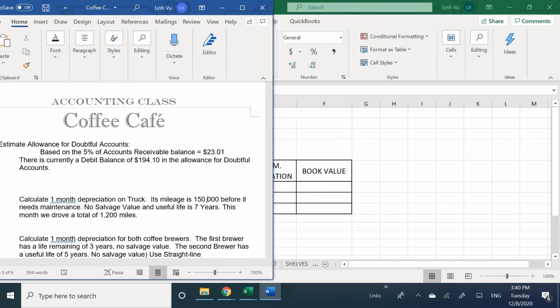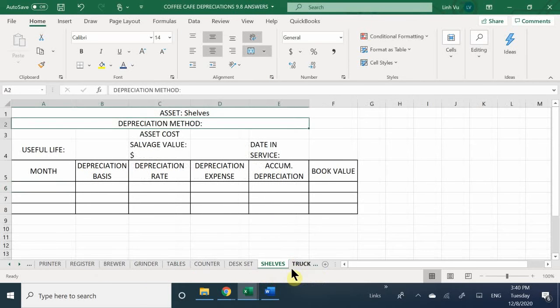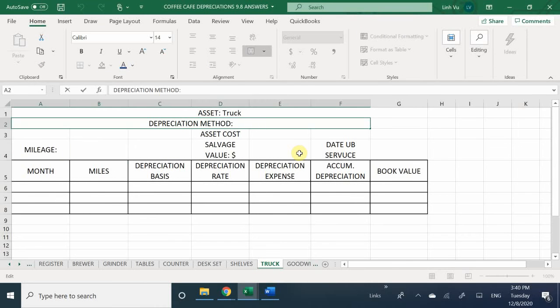Because it's got the mileage. Yes, correct. So it's going to be based off mileage. So in your table here, go ahead and locate your truck. I believe it's after your shelves. So here's the truck. It's going to be units of production, so we can indicate that. I'm going to put UOP for short, units of production.